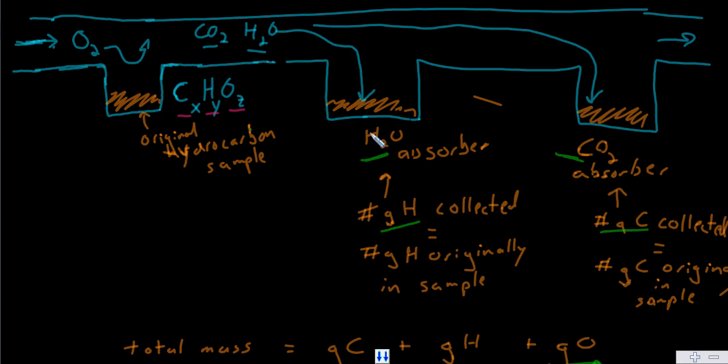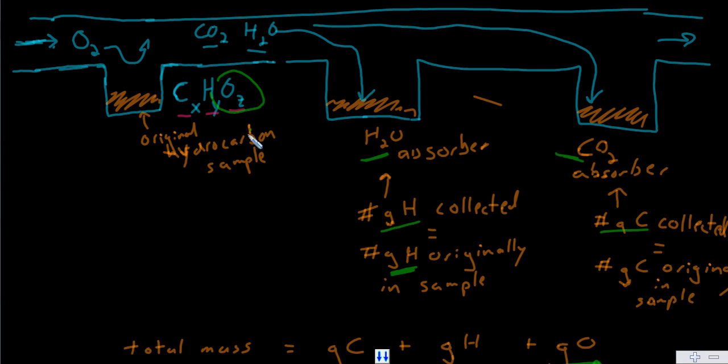Because we're going to assume that we had a 100% combustion of our hydrocarbon, and we collected 100% of the water and carbon dioxide produced, if we know the number of grams of hydrogen collected, we know the number of grams of hydrogen that were originally in that sample. Similarly, if we know how many grams of carbon were collected in the absorber, we'll know how many grams of carbon were originally in that sample. And so we know the number of grams of 2 of our 3 elements. We still don't know the number of grams of oxygen.